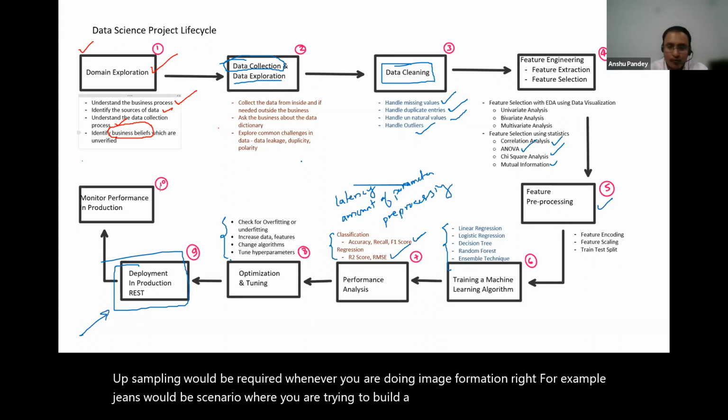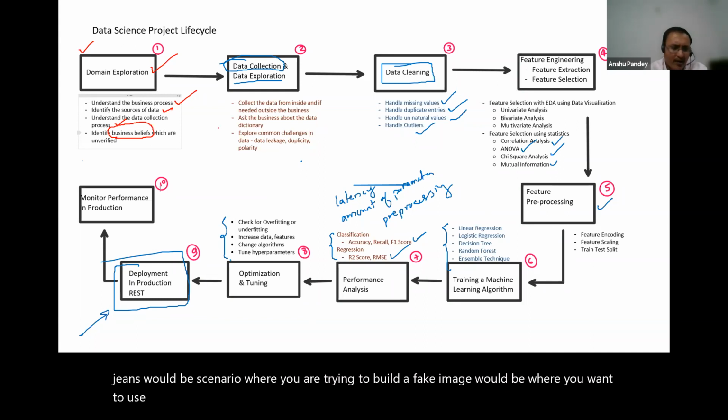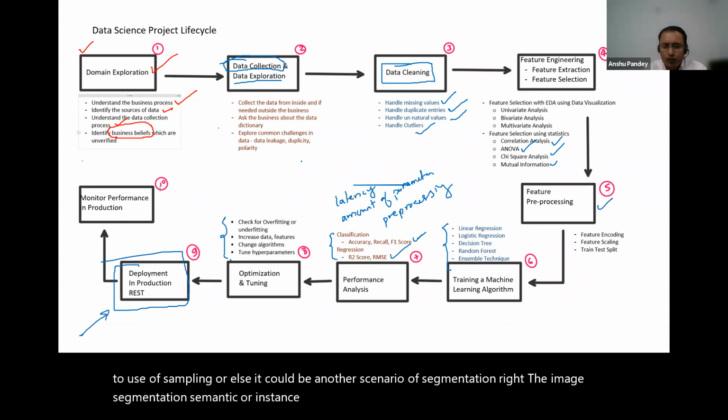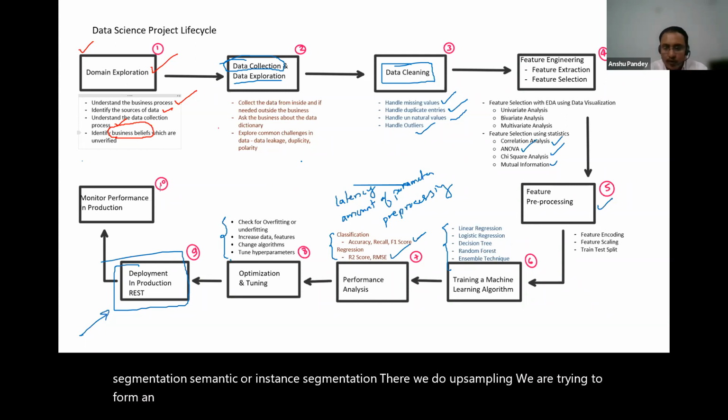Another scenario is image segmentation, semantic or instance segmentation, where we do upsampling because we're trying to form an image. Downsampling is used where you do classification, or where you're trying to extract features out of images.